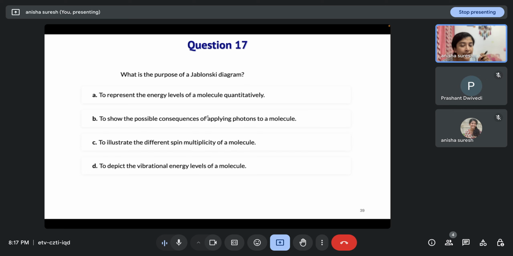The options are: to represent the energy levels of a molecule quantitatively, to show the possible consequences of applying photons to a molecule, to illustrate the different spin multiplicity of a molecule, to depict the vibrational energy levels of a molecule. So, what is the exact purpose of a Jablonski diagram?